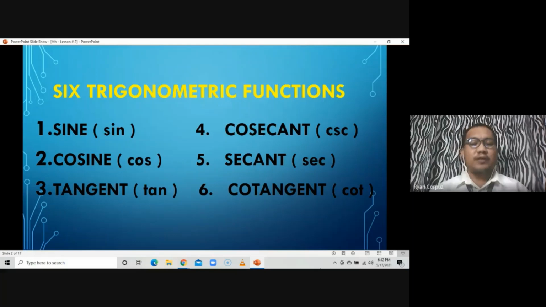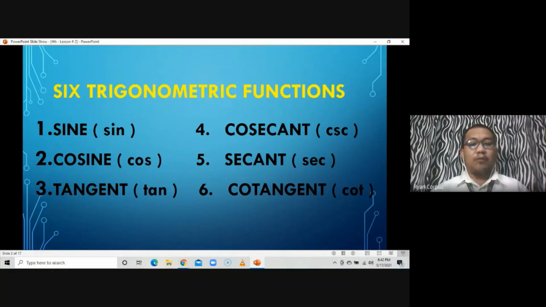Cosine naman is using the symbol COS, small letter COS. Then, the third one is tangent. Tangent is using the symbol TAN. This sine, cosine, and tangent, ito yung 3 basic trigonometric functions.